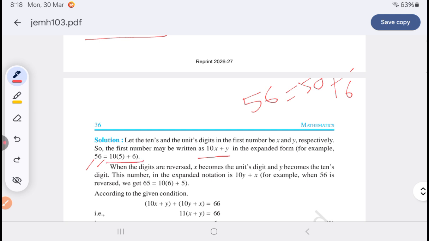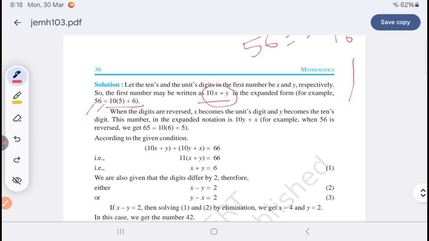Similarly, you have to write the expression like this: 10 into x plus y. Now you have to reverse the digits. So x becomes the units digit and y becomes the tens digit, so you can denote it as 10y plus x.